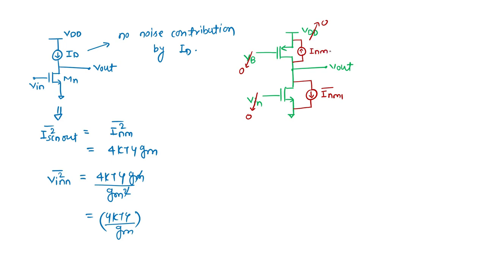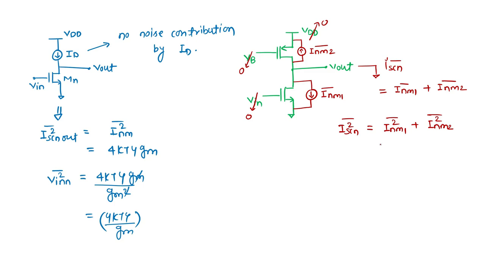So this is IN of M2, upward. The output short circuit noise current will be IN M1 plus IN M2. They are uncorrelated sources, so the mean square value will be the sum of the individual mean square values.